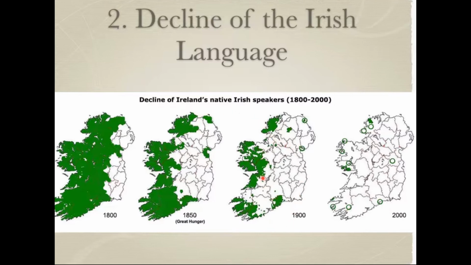Another 50 years and that was halved again, and now all we're left with is some small Gaeltacht areas scattered around Ireland, such as in Kerry, Galway and Sligo, small pockets around the country that speak Irish. Now these are a kind of heritage, a sense of identity, but it's interesting to think how far we have changed in our country in 200 years.